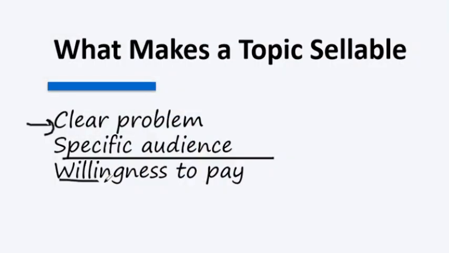Now, the third is the willingness to pay. Now, this is your particular audience. Are they the kind of people that buy books? When you look at the market trends, when you do your market research, the people you are targeting, you're trying to profile solutions to their problems. Do they buy this solution?